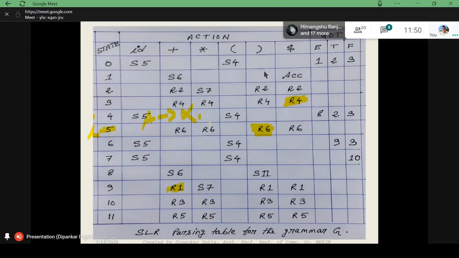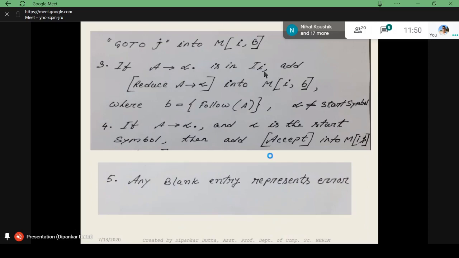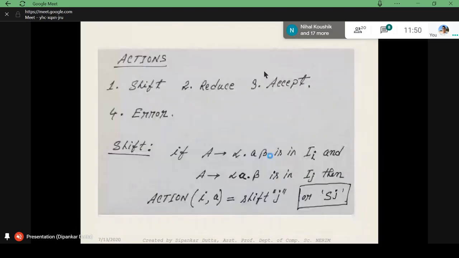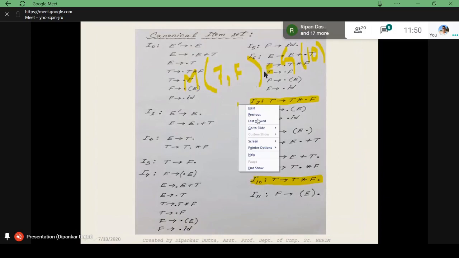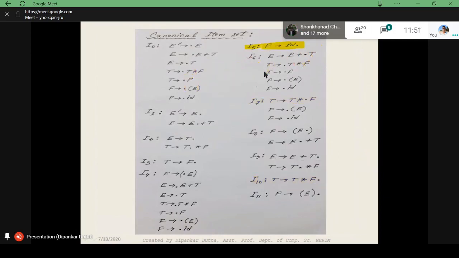Then what is the production? Production number 6. What was the 6th production? F implies ID dot. That is why we have written R6 in I5, because F implies ID dot is there.